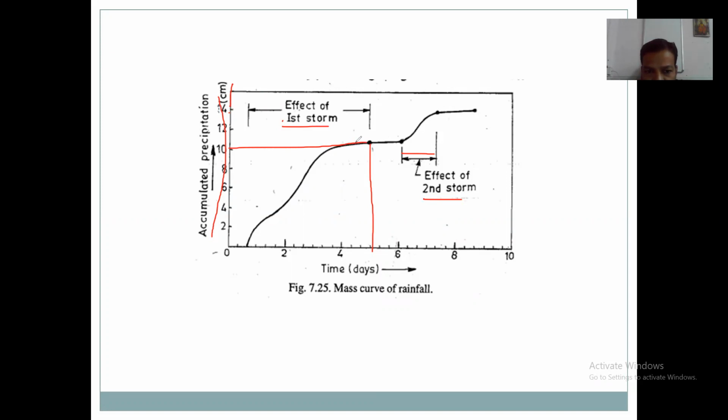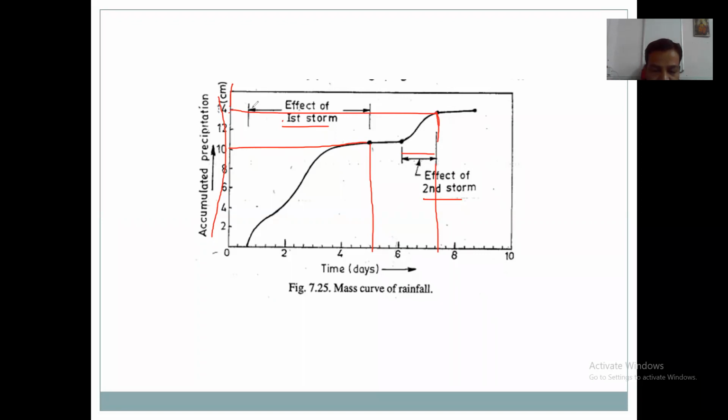पहिल्या stormची intensity ही एवढी आहे. For 5 days, the accumulated precipitation is 10 centimeter. And for second storm, suppose we have taken the value is 7.5. For that 7.5, after 7 days, the precipitation will be 14 centimeter.